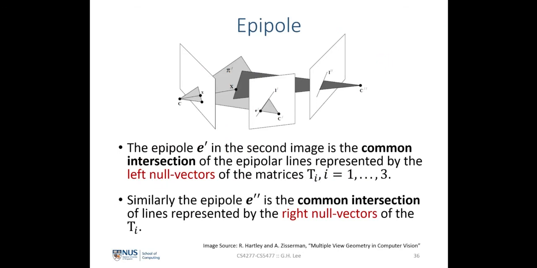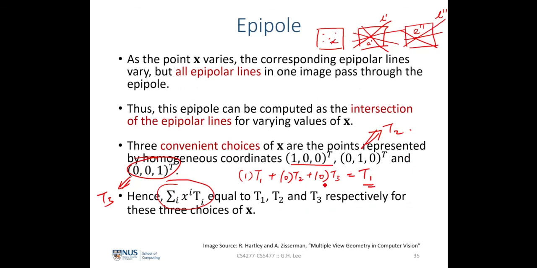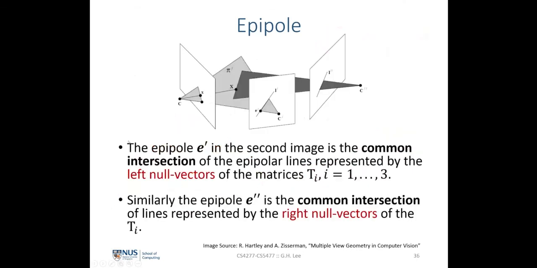And now, once we have obtained the three epipolar lines from these three convenient choices of the point in the first image, we can simply compute the epipole as the common intersection of these lines by the left and right null space. So E prime over here, which is the epipole in the second image, would be the intersection of the three epipolar lines that come from 1, 0, 0, 0, 1, 0, and 0, 0, 1 from the first view.